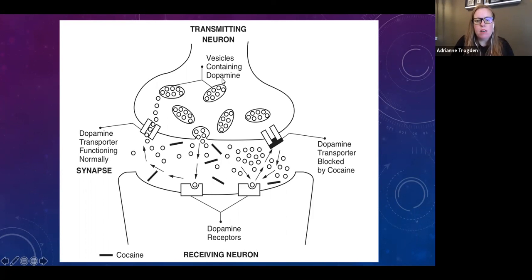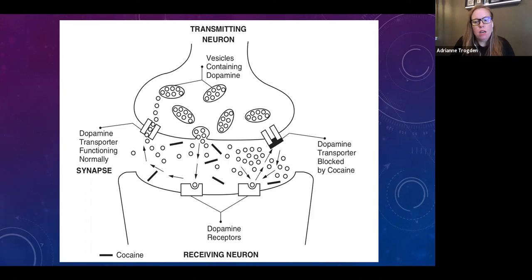We have these vesicles up here that hold all the dopamine, and there's a pathway right here, the transporter, that opens up and lets the dopamine out or in. It's the pathway for things to go in and out of this neuron.